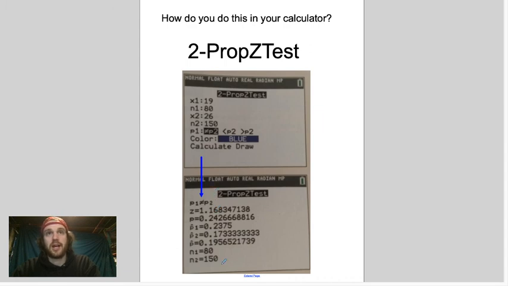And you will also get the test statistic. It'll give you your p-value. It'll give you your pooled statistic, and so you can check all your math here. And so this is a huge advantage for you.